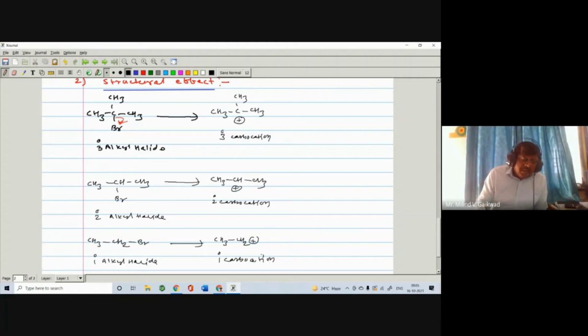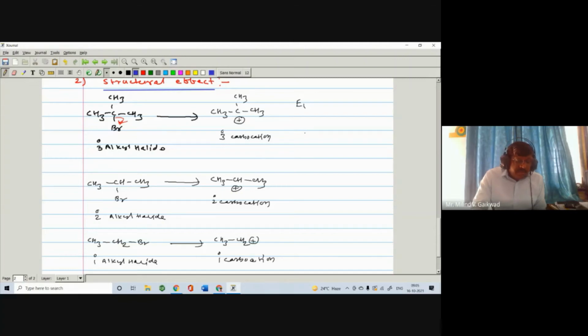We know that the tertiary carbocation is more stable than the secondary, than the primary. So if you see, the formation of a tertiary carbocation takes place in the E1 mechanism.